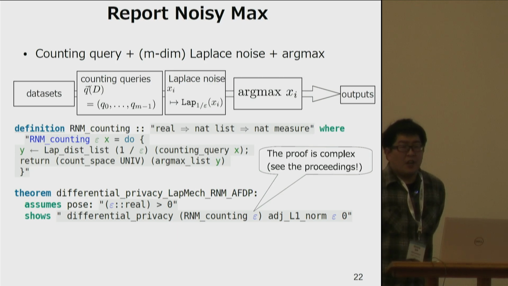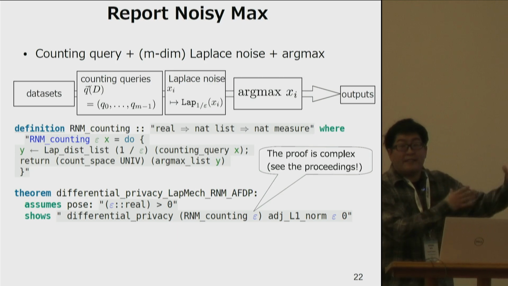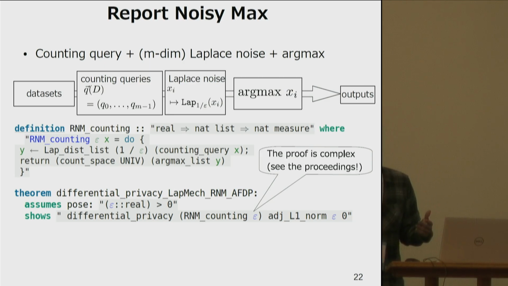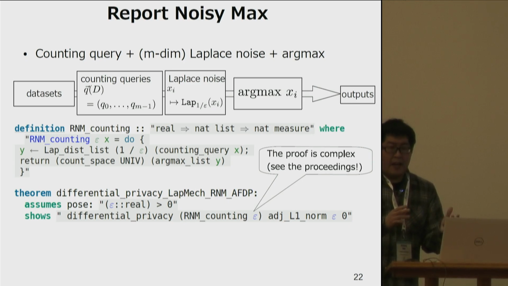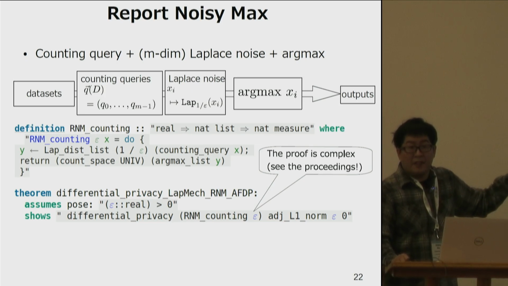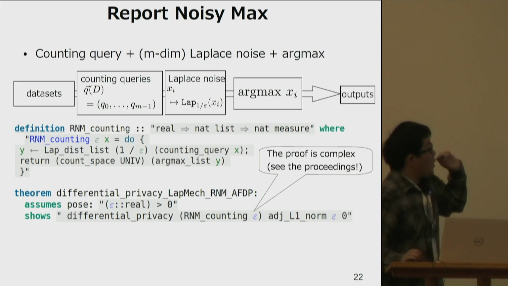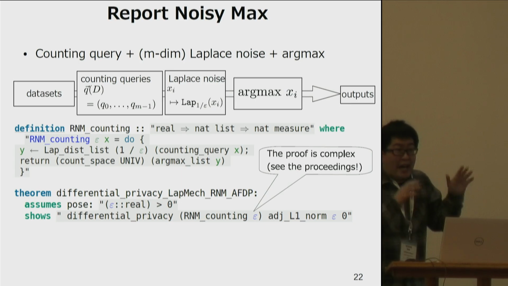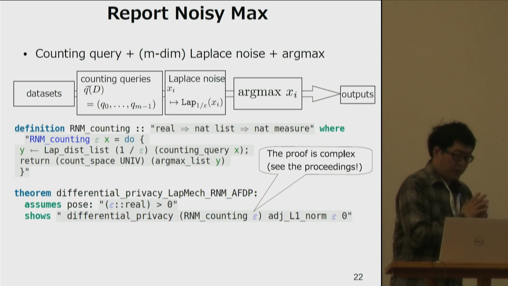My proof in the continuous setting costs about 1,500 lines. We need to convert the program of the report noisy max to evaluate the distribution of the report noisy max correctly.